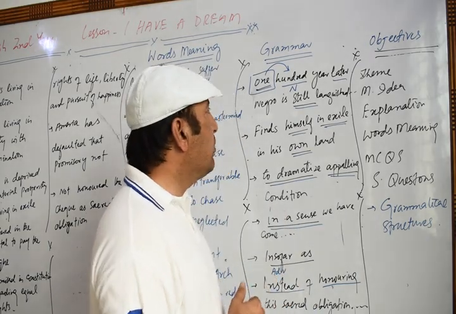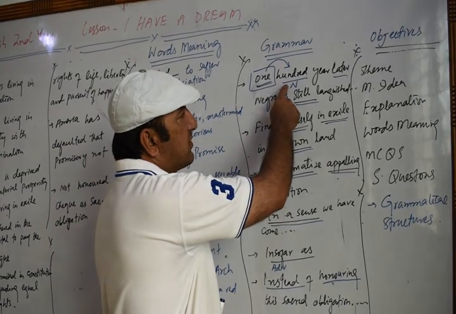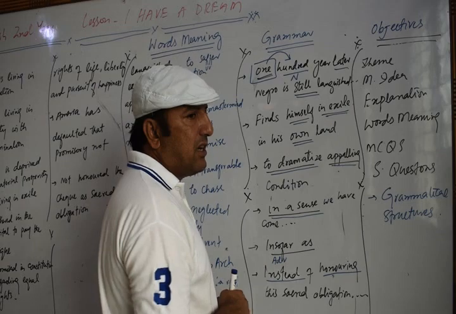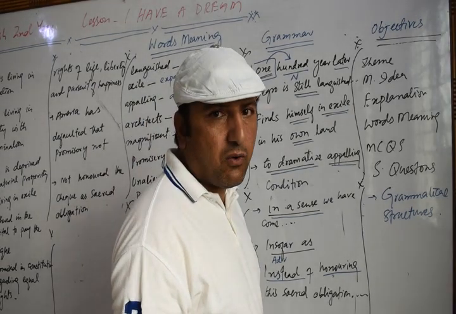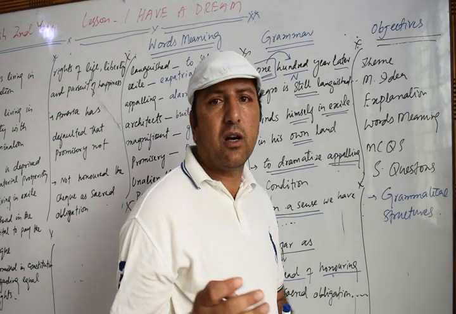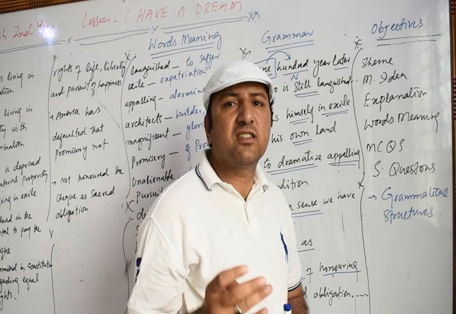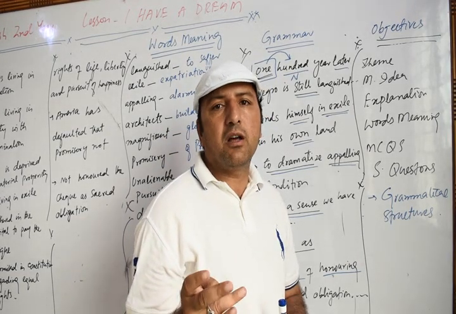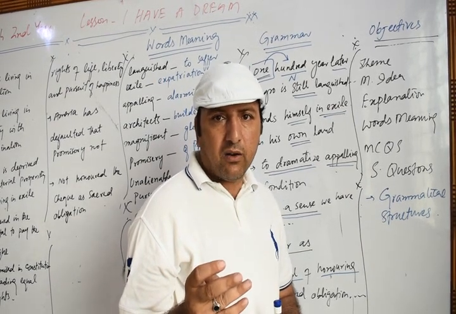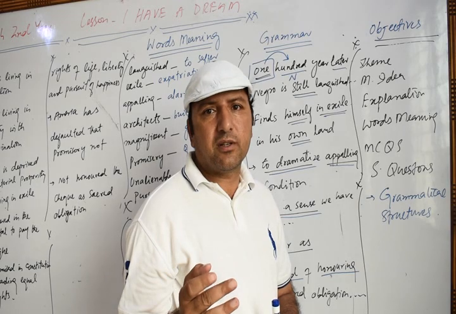But here 1 refers to or describes a noun. So this 1 is an adjective, and this is an adjective of number. 1, 2, 3, these are what we call cardinal numbers. First, second, third, these are ordinal numbers. So first, second, third is also an adjective of number. First person, second person, third person.